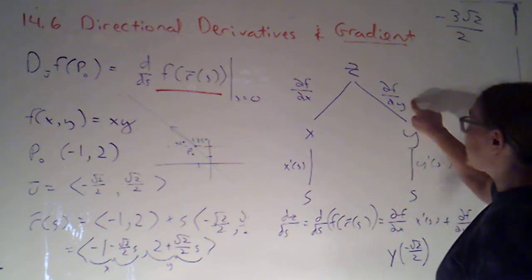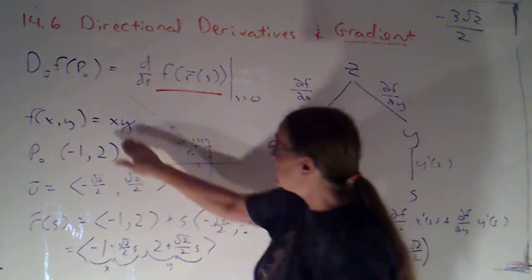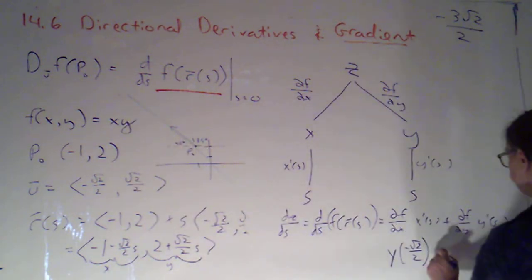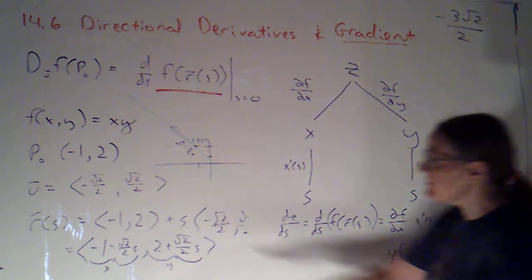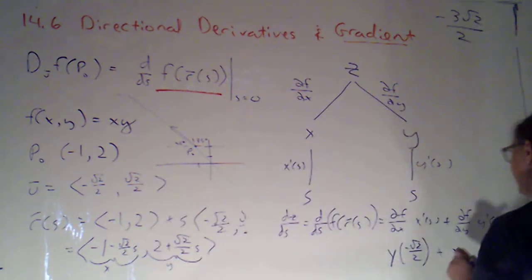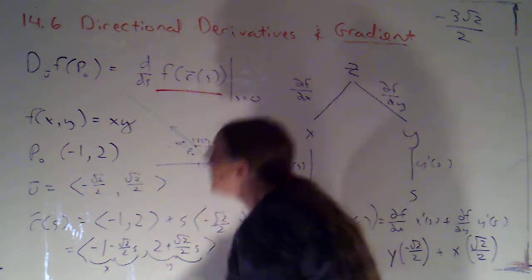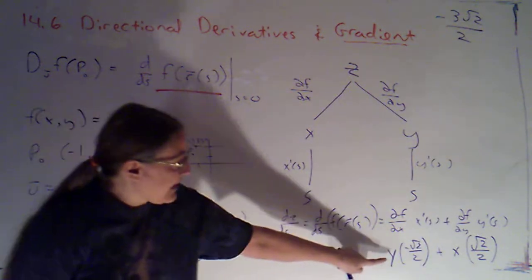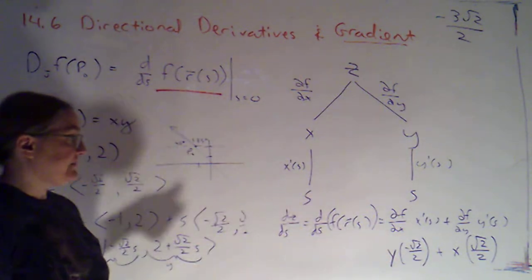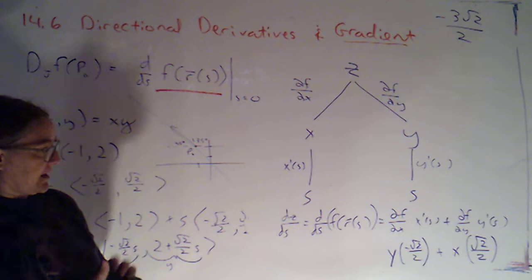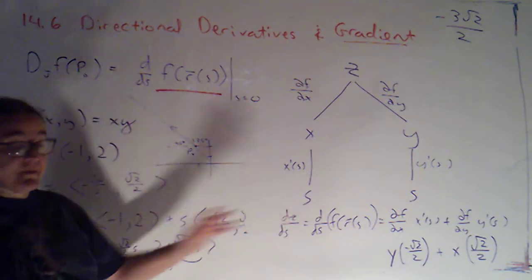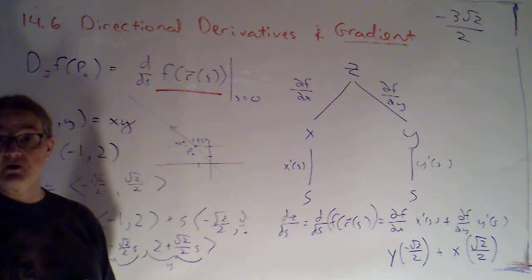All right, partial of f with respect to y, that's just going to be x. Y prime of s is just the y component of the direction vector, so that's root 2 over 2. Okay, so this is now our formula for the derivative, and of course, if I were coming up with the formula and that was my final answer, I would want to express it in terms of s.